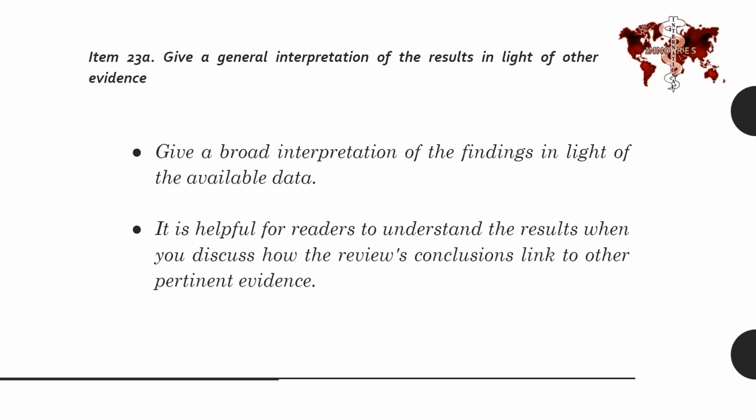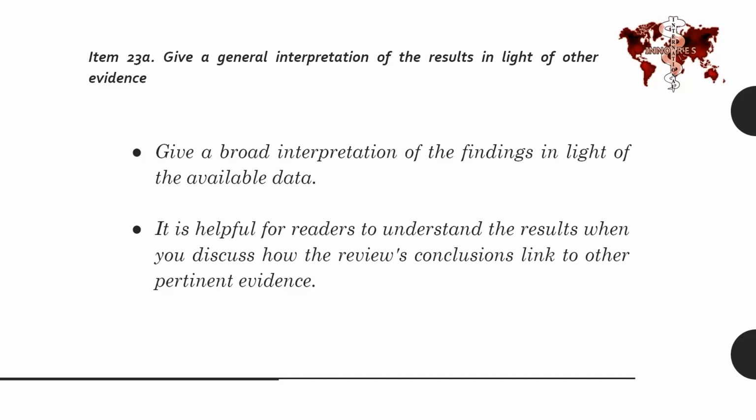Item 23 refers to the discussion aspects of the systematic review, and I would start with item 23A. In item 23A, the authors are expected to give an interpretation of their results in the context of other studies.